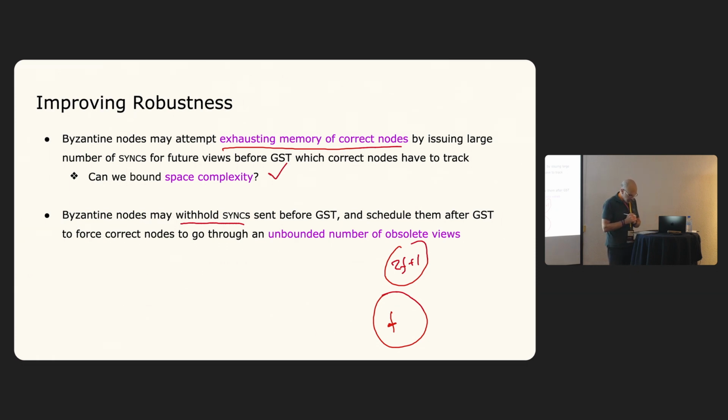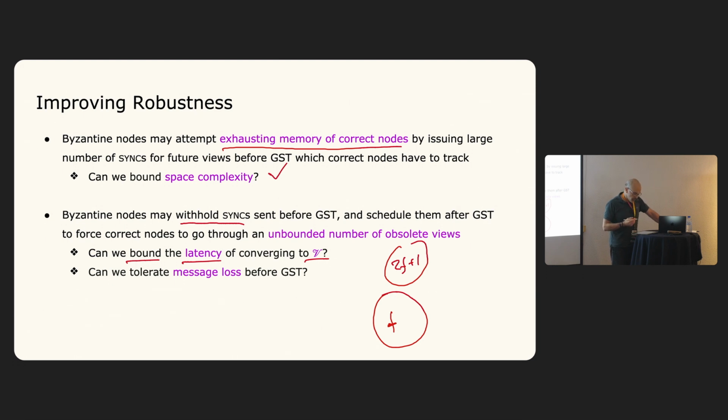So that's another problem, and the problem with that is that our latency can be unbounded unless we are careful. We would like to bound the latency of converging to the first good view.